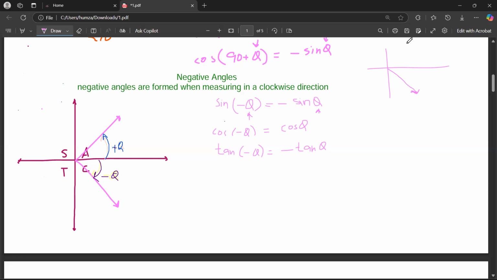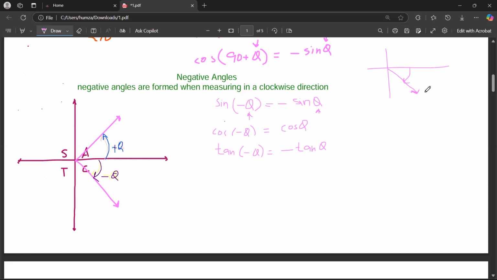If we go anti-clockwise, then all the values will be positive. And if we go clockwise, then all the values will be negative. So minus theta is telling us that we are going in the clockwise direction where theta is negative.